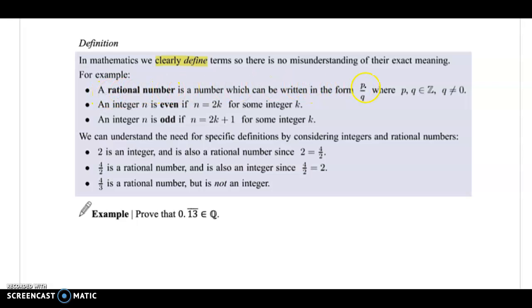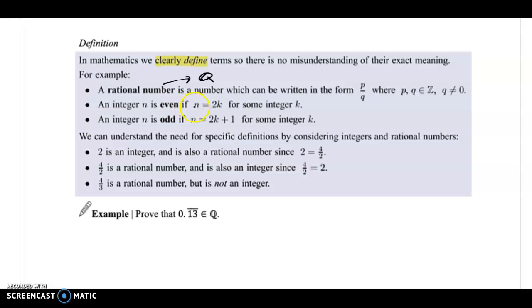Rational numbers are this idea of a fraction, right? Those are rationals, and a rational is p over q. P and q are integers, so these are positive and negative whole numbers. Q can't be 0, since you can't divide by 0.